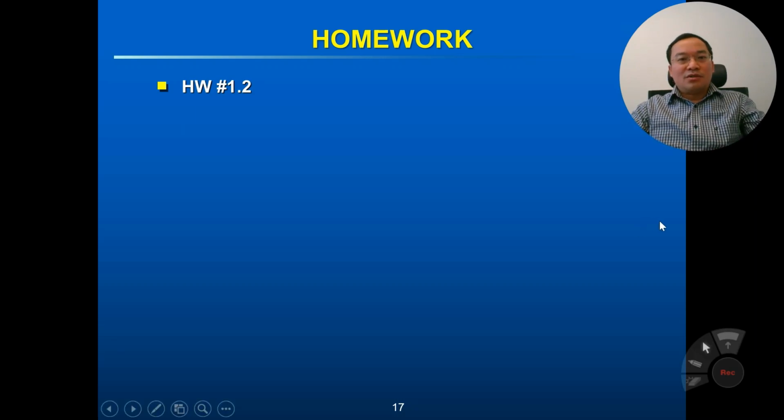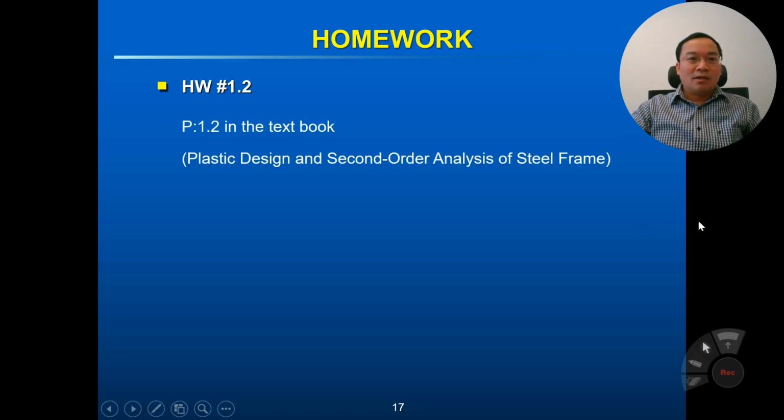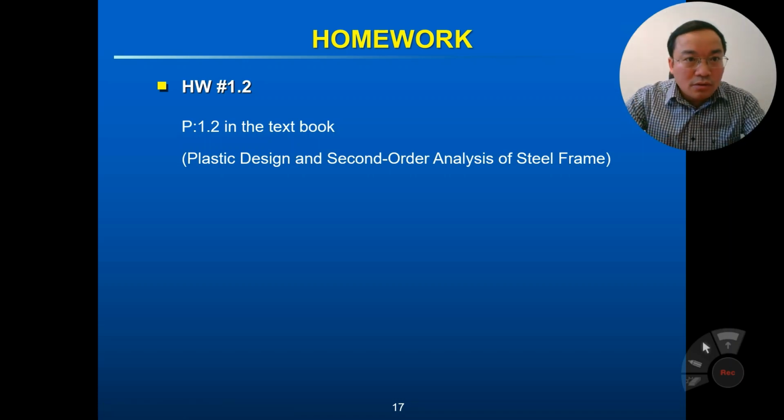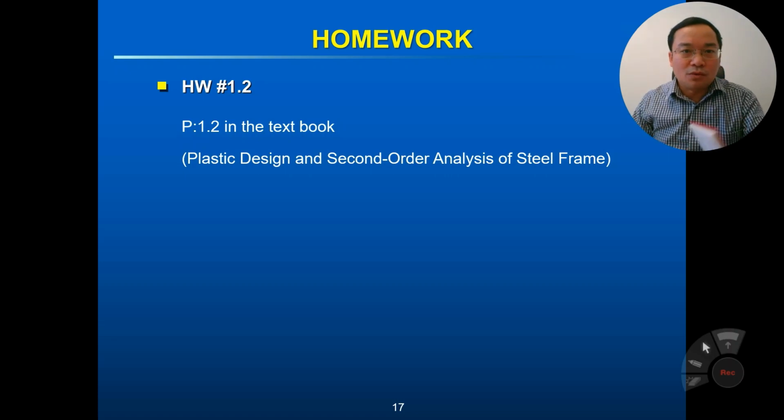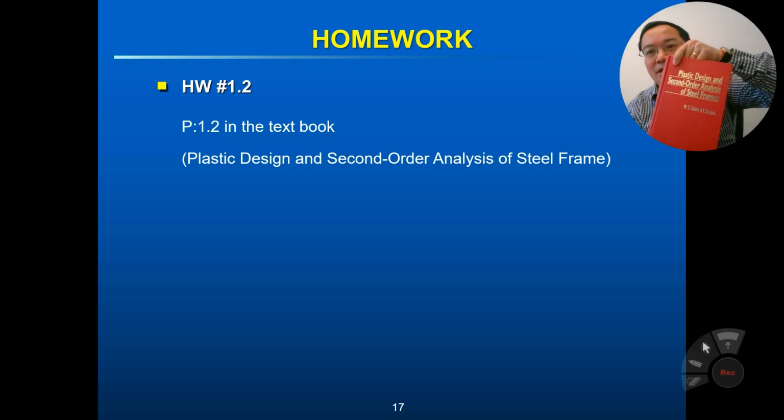And now I'm going to provide you more homework. The homework of this part is problem P1.2 in the textbook. I already mentioned the textbook.